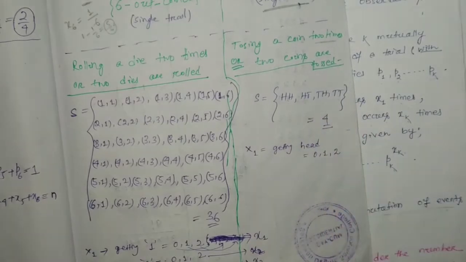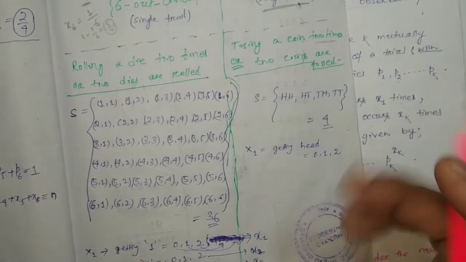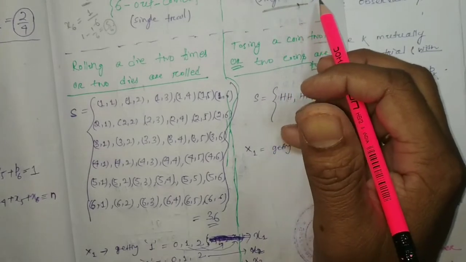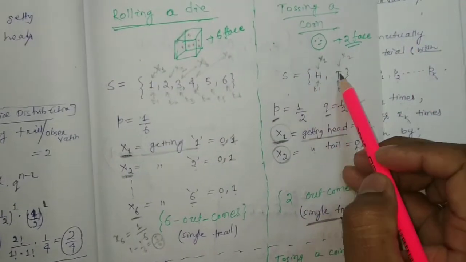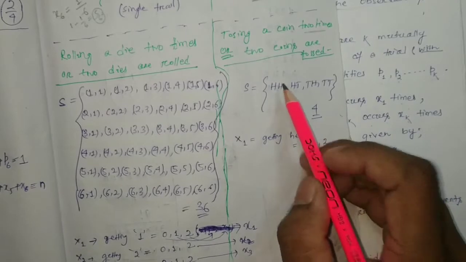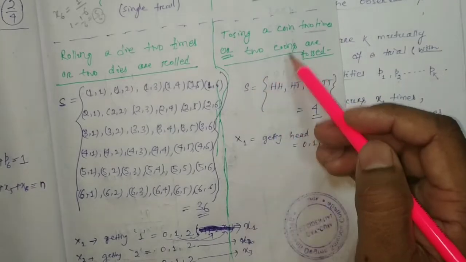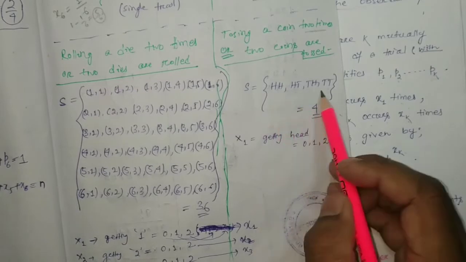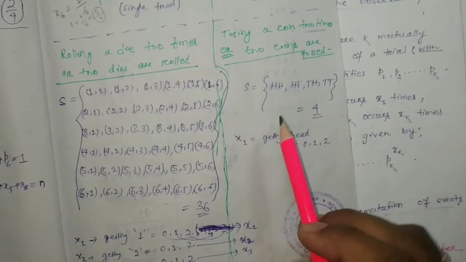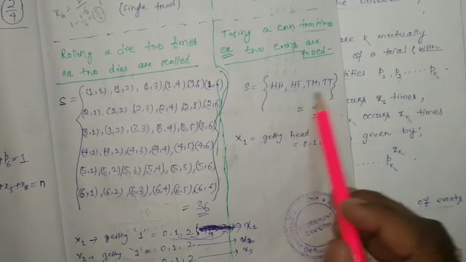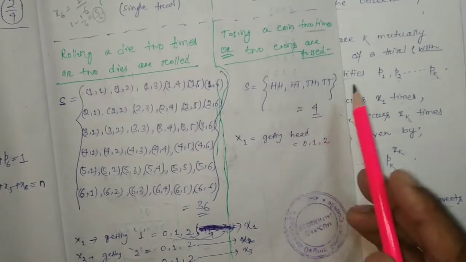Just remember, for tossing a coin one time, I can get head and tail, but here there are more than two outcomes. Now if we toss two times, or two coins are tossed, the sample points, or possible outcomes, are these, and the total number is 4.